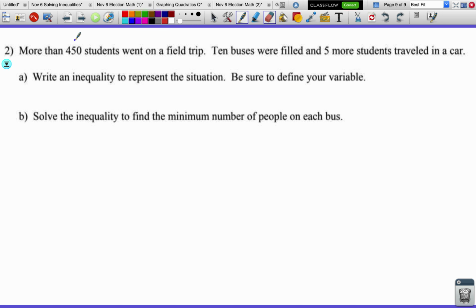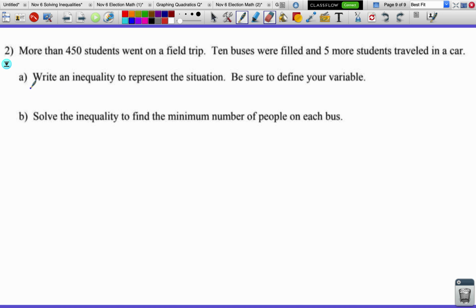All right, last one. More than 450 students went on a field trip. 10 buses were filled and 5 more students traveled in a car. Write an inequality to represent the situation. Be sure to define your variable. So what do we not know? Well, what we don't know is the number of people on each bus.